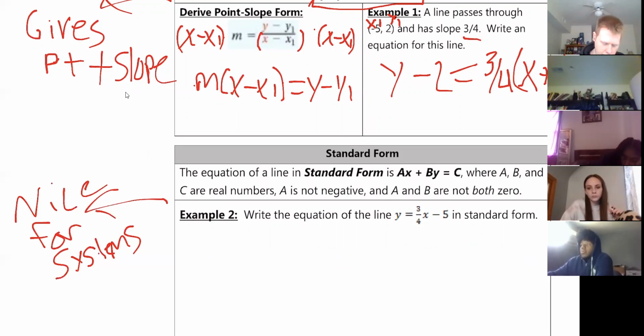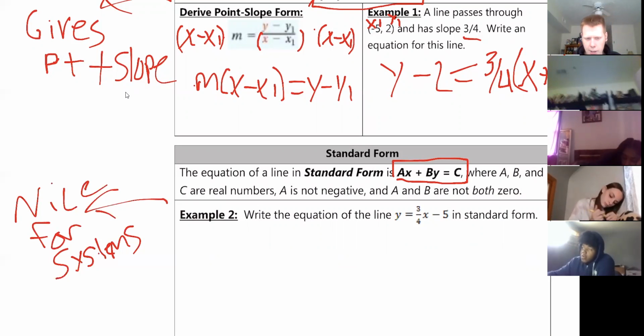All right, the equation of a line in standard form is ax plus by equals c, where a, b, and c are real numbers. A is not negative, and a and b are not both 0. Depending on where you look, the definition for standard form can be a little bit different. Some are a little more proper, like they don't want the first coefficient to be negative.